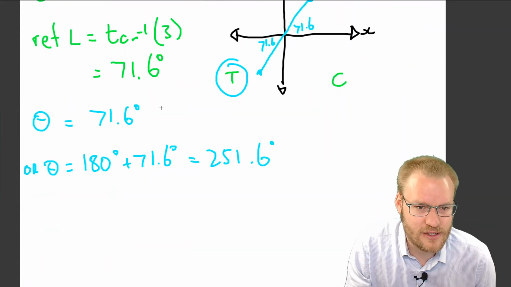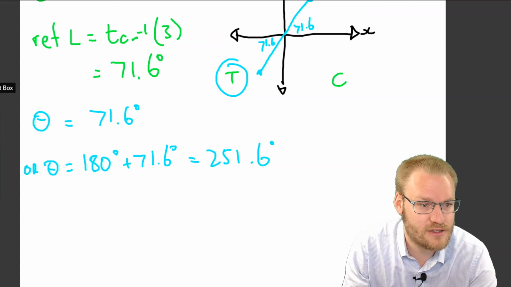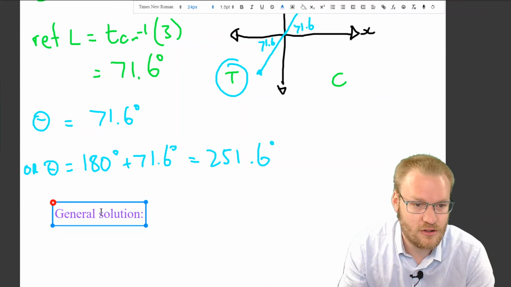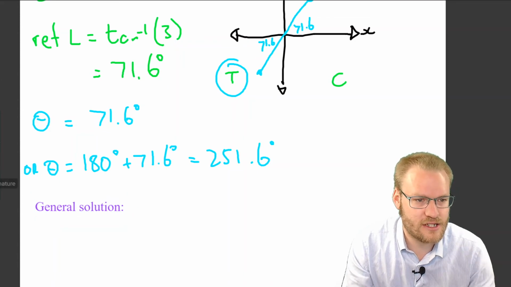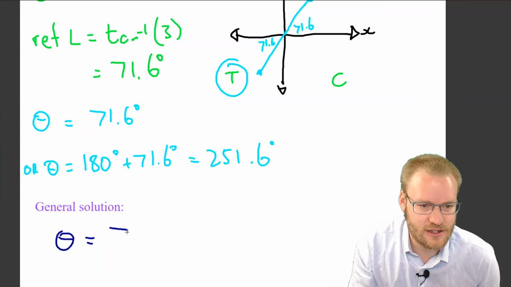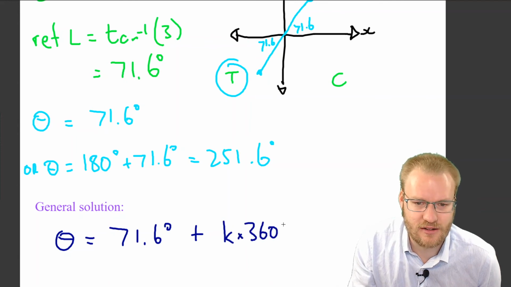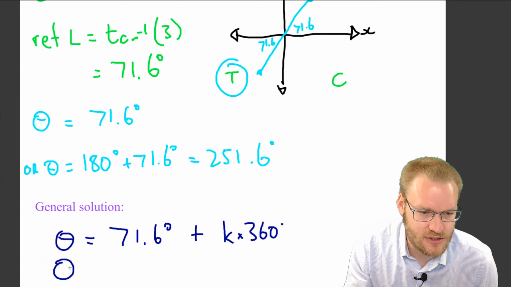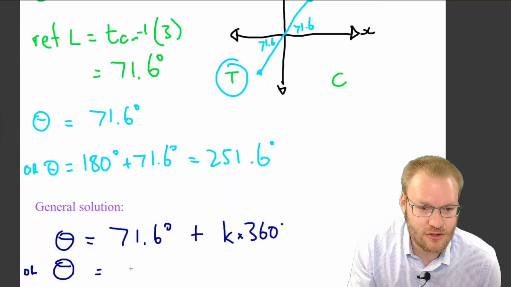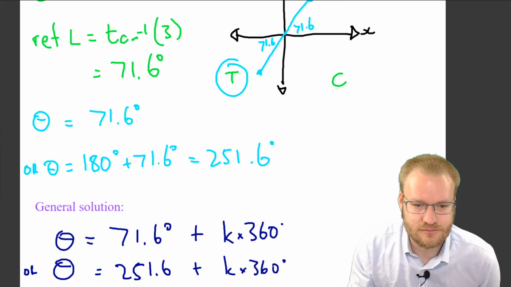Now for our general solution, let's type it out. For our general solution, we can write, in blue, theta equals 71.6 plus 360k, or theta equals this other option, 251.6 plus k times 360.